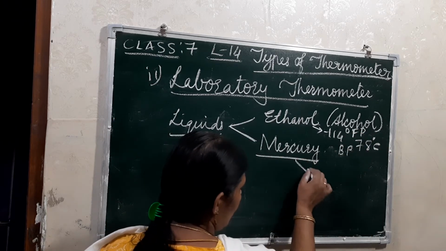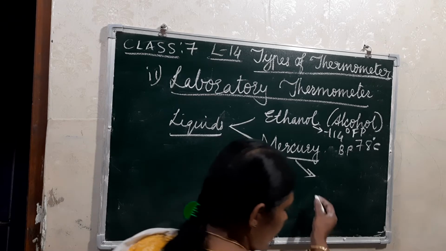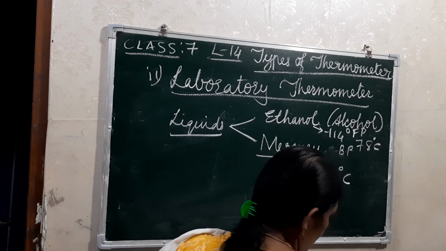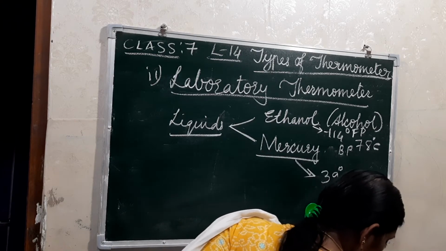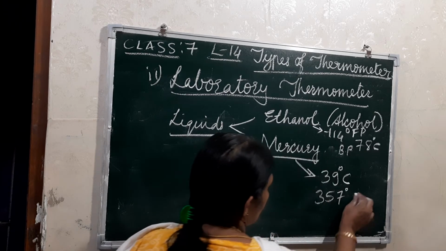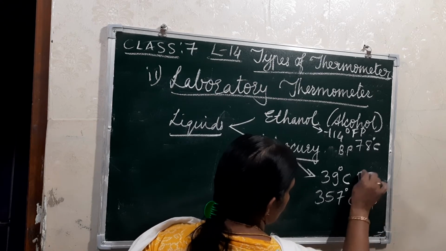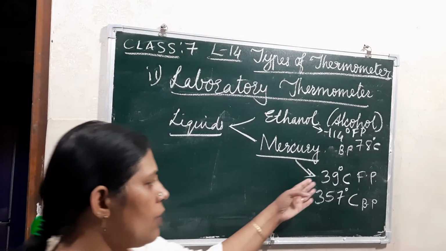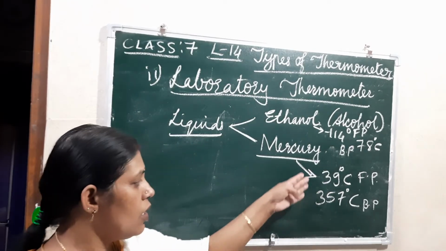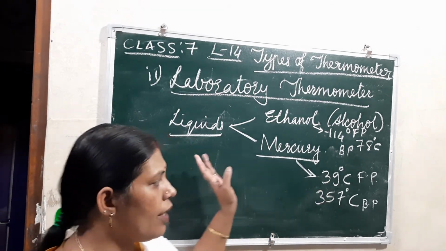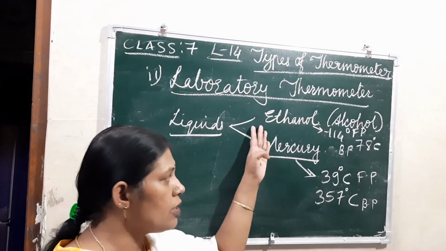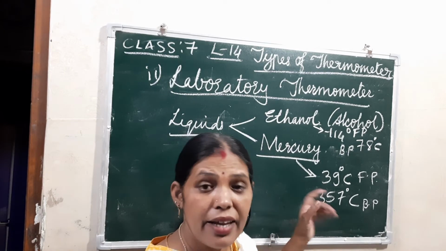For mercury, the freezing point is minus 39 degrees Celsius, and the boiling point is 357 degrees. Normally the freezing point is 0 degrees Celsius, but since mercury freezes at minus 39, it will not turn into ice. It stays in liquid form, so we can take the measurement at any time.